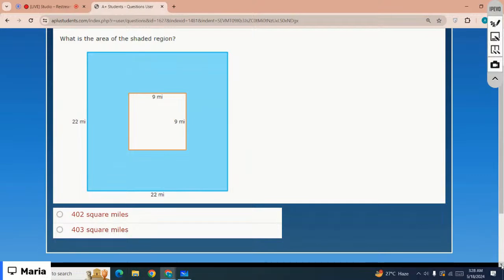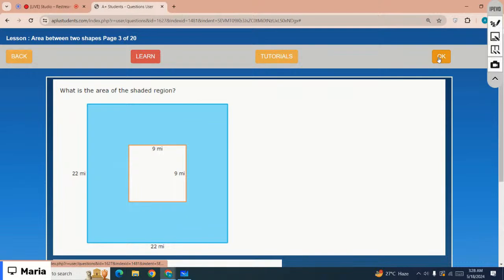The correct option is 403 square miles. Very good. Option number two is the correct option.